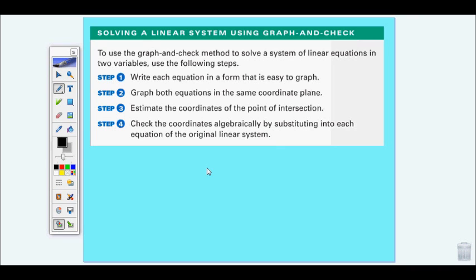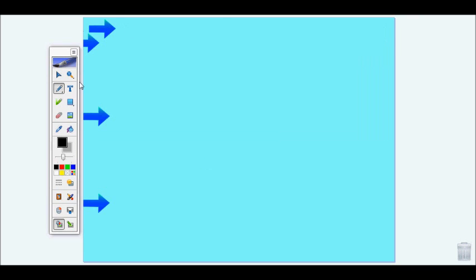So you pick which way is the easiest way to graph. Then you graph both equations on the same coordinate plane, and you look at where the point of intersection is. You can then check that, as we just did, algebraically by substituting into each equation of the original linear system.